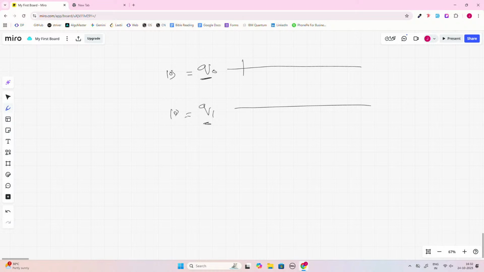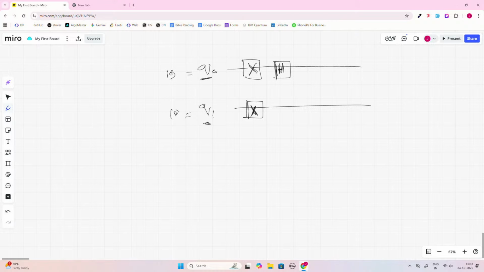Now, if I want to convert Q0 to 1, what will I do? X, good. So I'll simply keep an X gate here. After that, I want to do the superposition, so I should keep a Hadamard gate. Afterwards, I want to convert this one into 1 as well, so I will apply an X gate here, converting this into 1.